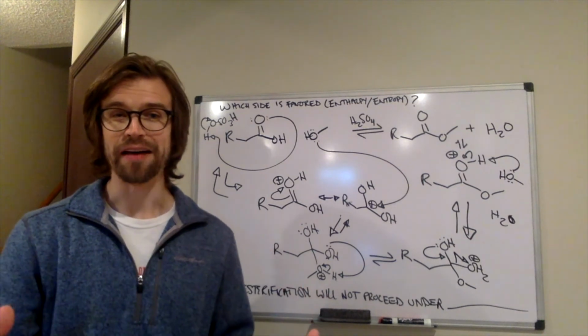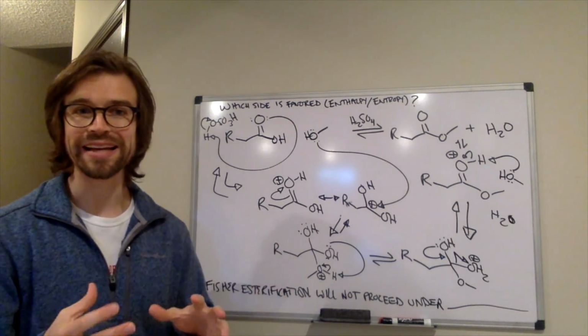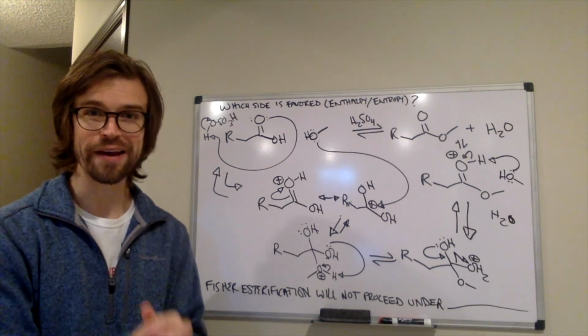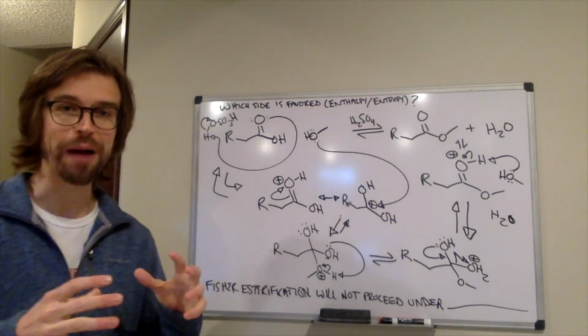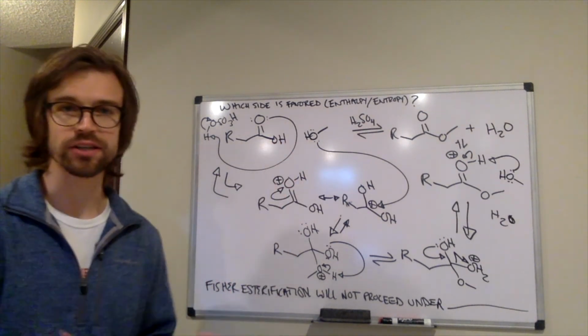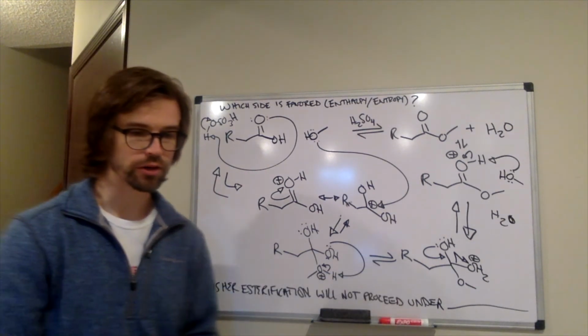What didn't we have in this reaction mechanism? We have no O minuses in this reaction mechanism. If we had O minuses, if we had OH minus, what would happen? It would just deprotonate that carboxylic acid, and that would shut the reaction down. That's what we talked about earlier in the video.